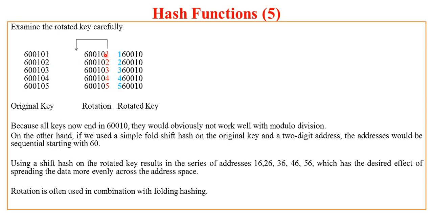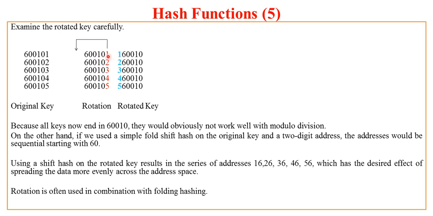What if we rotate, or shift, the last bit of each of the keys to the beginning? We get this pattern. Initially all the keys had starting address 60. Now each of these keys has a different starting address.